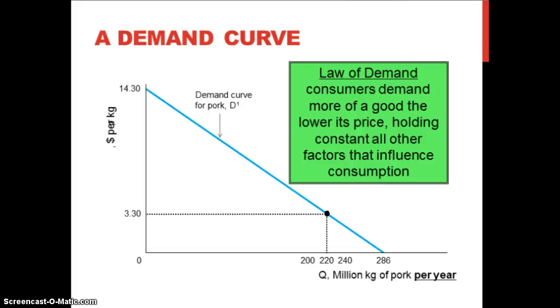At this point, we should remember the law of diminishing marginal utility. The demand curve represents willingness and ability of consumers to purchase goods. So consumers' satisfaction or willingness with an additional unit of a good will diminish when they consume more of the good.